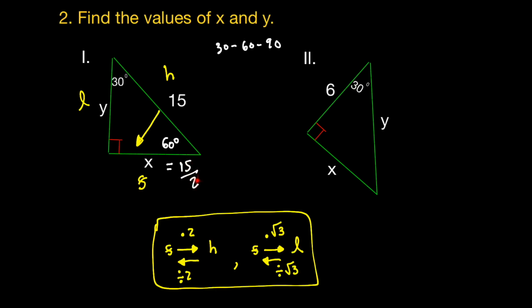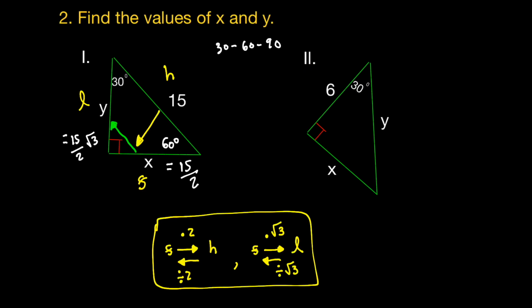I'm going to leave it unsimplified as an improper fraction, because now, since I have the small length, I can get the long length. So from small, I can go to the long length if I multiply by root 3. So here, y is going to equal 15 over 2 multiplied by square root of 3.